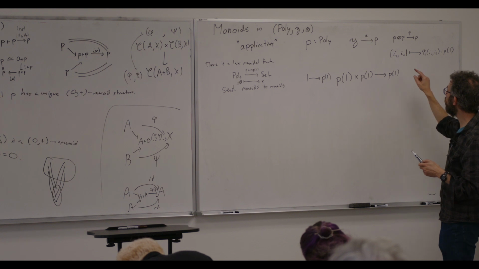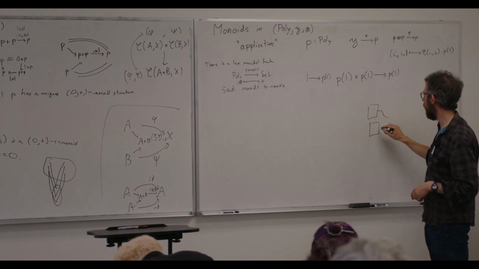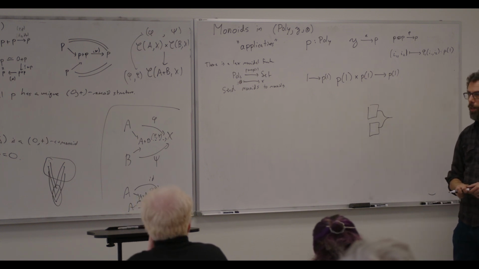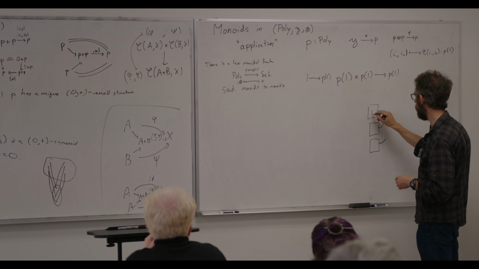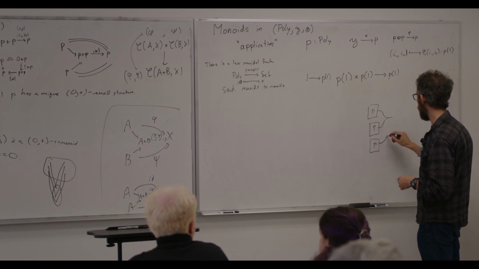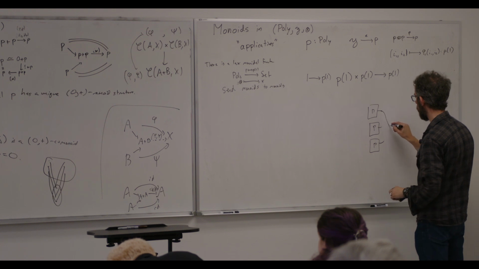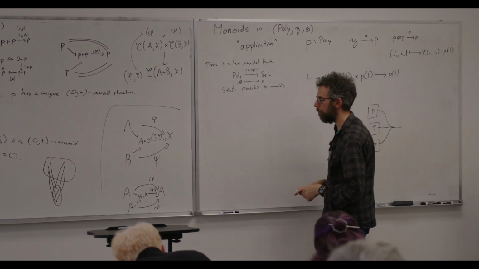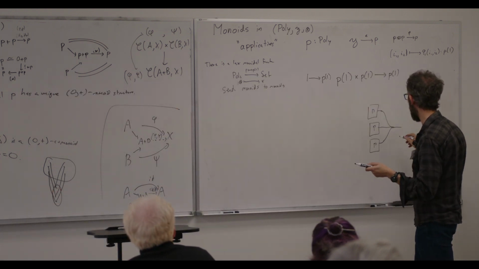So what that says is we have these two machines, and if we take their outputs, we can somehow combine them to get 1. The picture is that we can take any number of P machines, and we can combine their outputs and aggregate them. This picture I'm drawing is in a little thought bubble, because it's not like a wiring diagram like we would normally have.